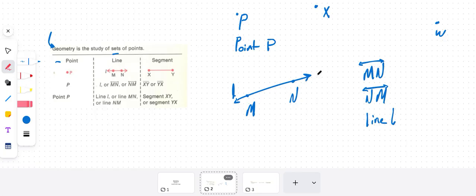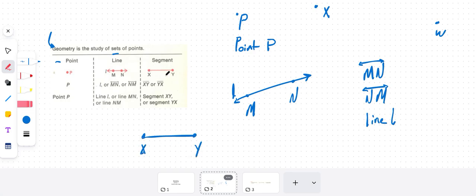Now, this line refers to all the points going on forever this way, and all the ones between, and the 2 points that are on it. A segment, different from a line, a segment is just the points between 2 points, including those. So notice we have down here a segment XY.